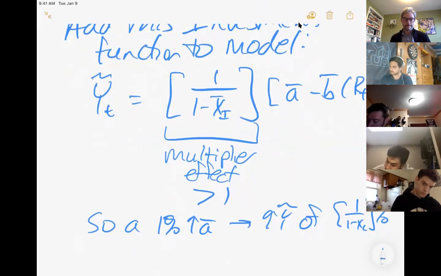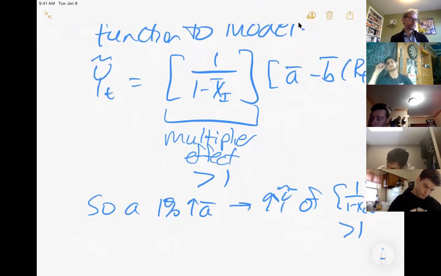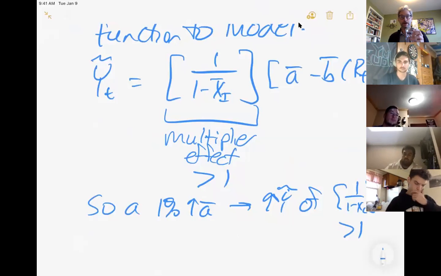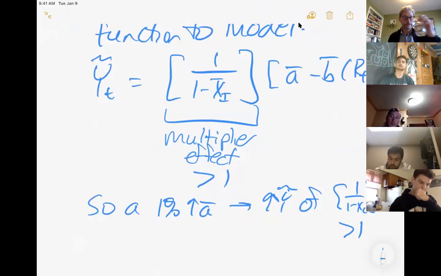So now in this model, if there's a 1% increase in A bar, short run output goes up by 1 over 1 minus XC percent, which is greater than 1. So you can have multiplier effects in this model pretty easily, right? And this is probably a more realistic way of thinking about macroeconomics, making the consumption function or the investment function a function of current income, not just long-run income.